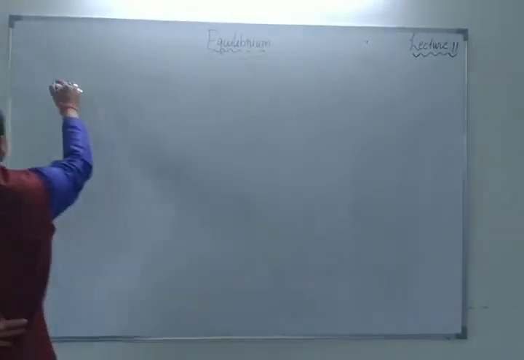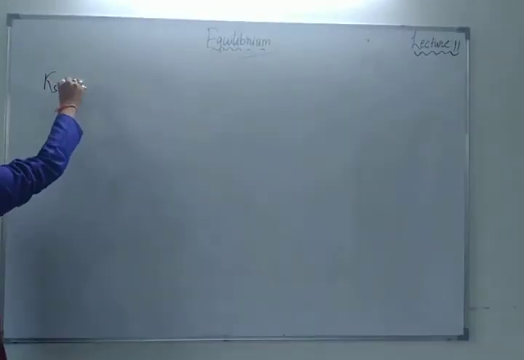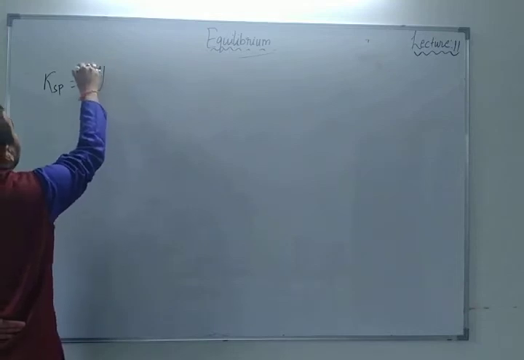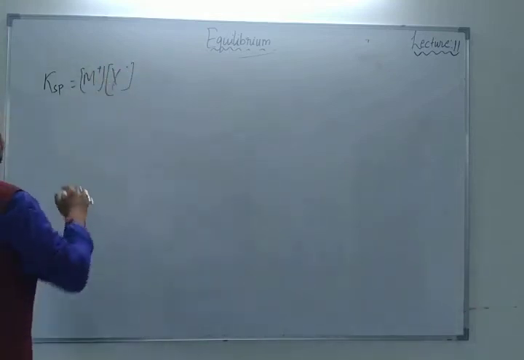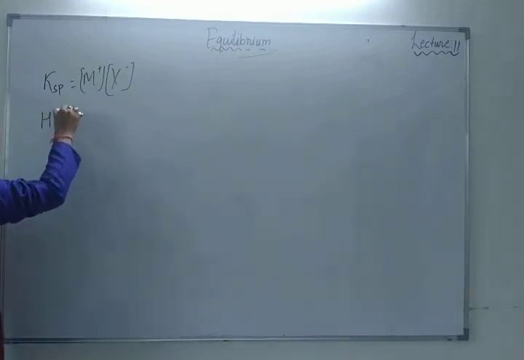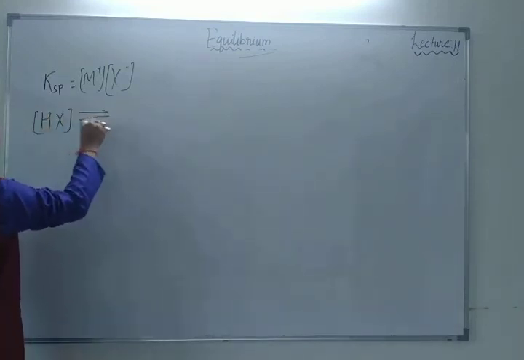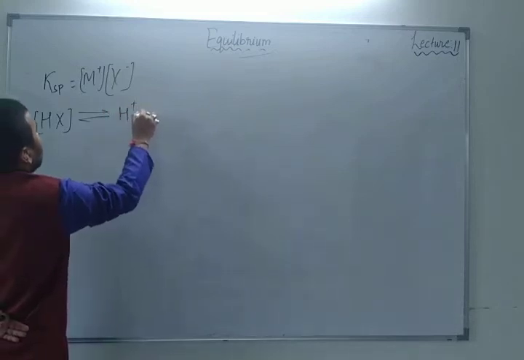Ksp is equal to M plus and X minus. Right? Now just suppose for any acid HX, how will it be dissociated? H plus and X minus. Right?